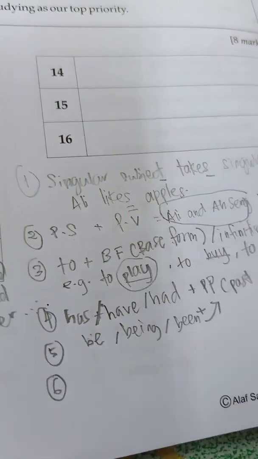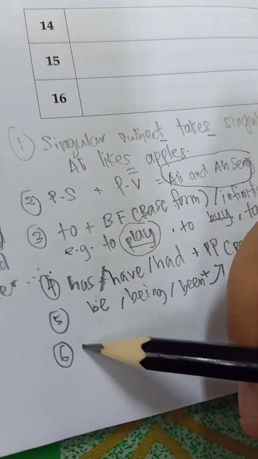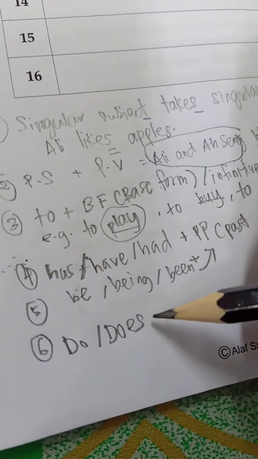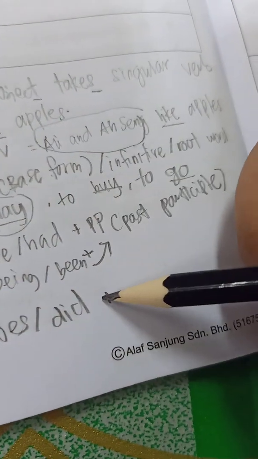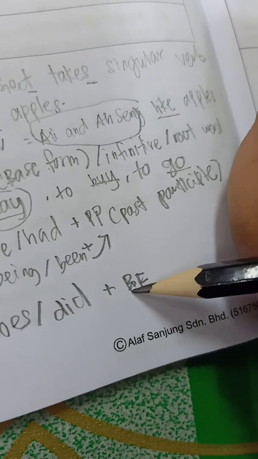The next one: do, does, did. For this, you need to follow it with BF.